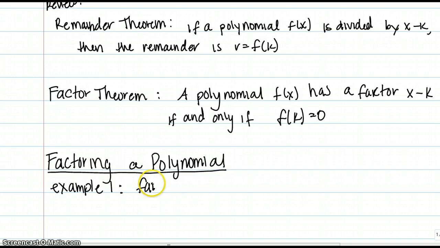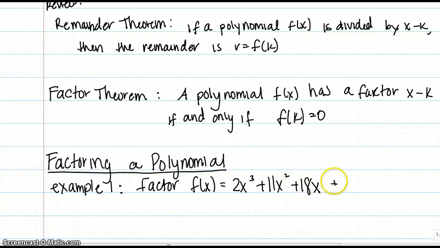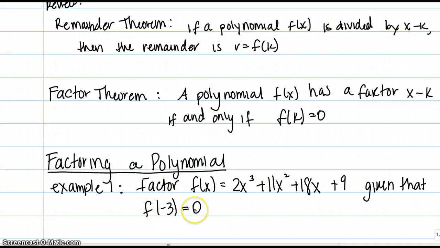We're going to factor f of x equals 2x to the third plus 11x squared plus 18x plus 9, given that f of negative 3 equals 0.